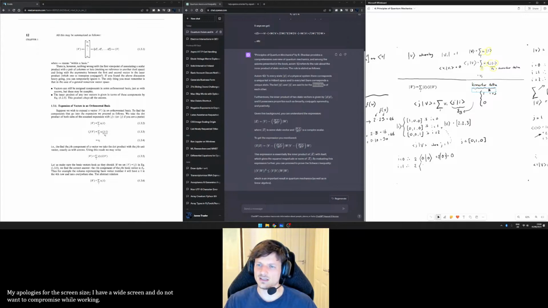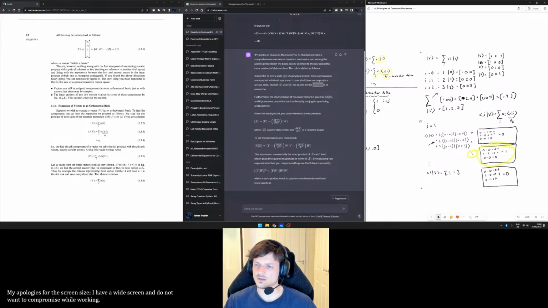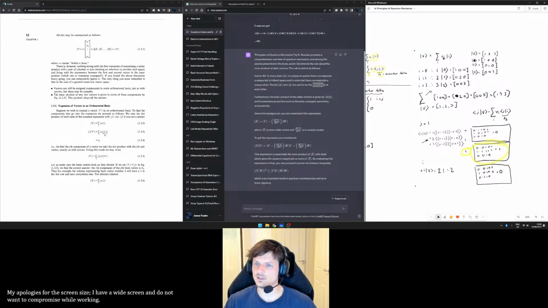And the Kronecker delta says that it's 1 if i is equal to j, and where j equals 1, so if v is equal to that, 0, 1.